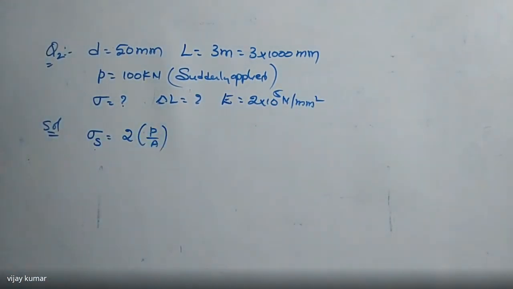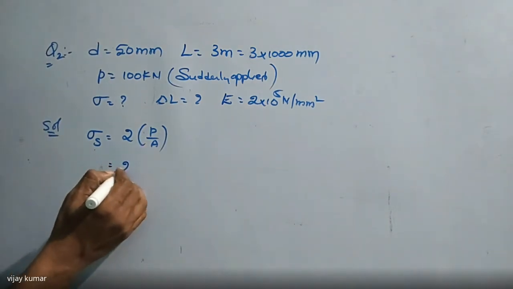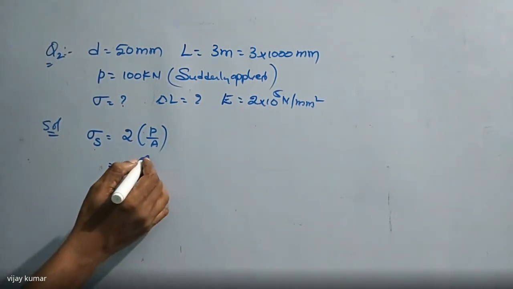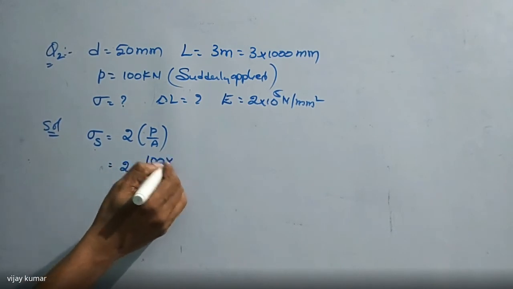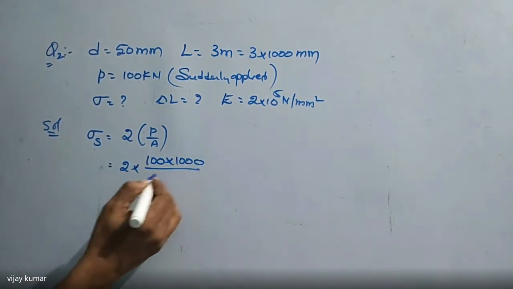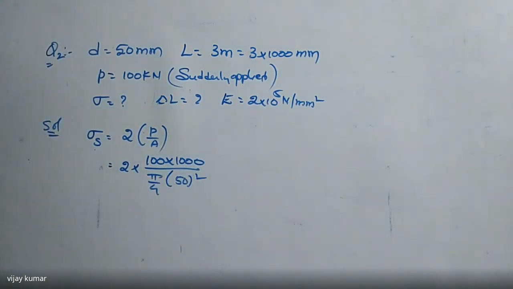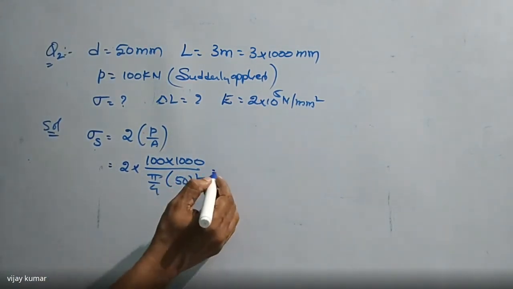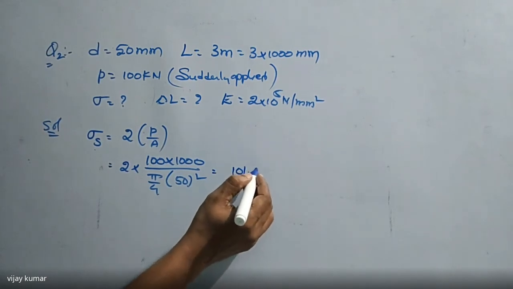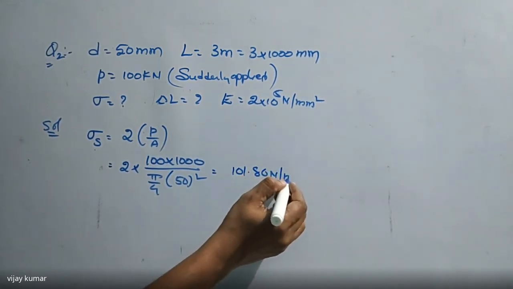Got the point or not? So what is the value here? 2 into P by A. P by A is nothing but 100 into 1000 divided by area, which is pi by 4 into 50 whole square. Then I am getting the maximum stress as 101.86 Newton per mm square.